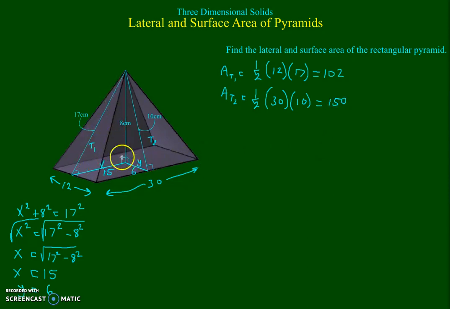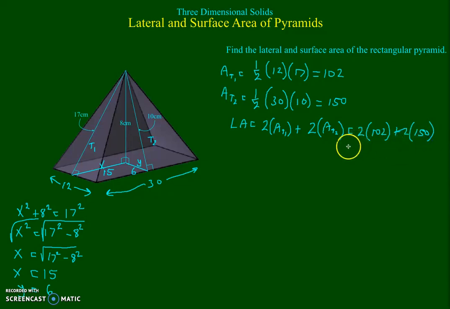So we have the area of this triangle and the area of this. Now we can find our lateral area. The lateral area is going to be equal to area of T1 times 2. So it's 2 times area of T1 plus 2 times area of T2. And that equals 2 times 102 plus 2 times 150.